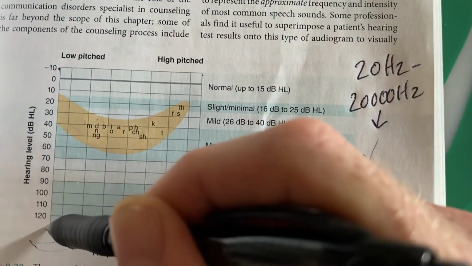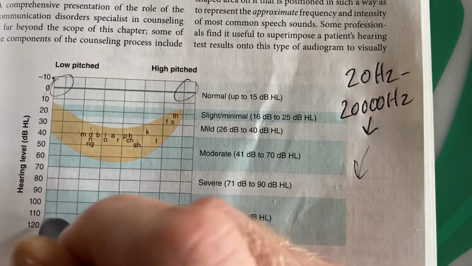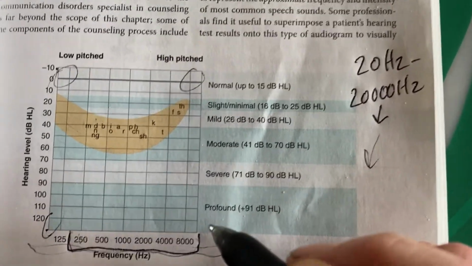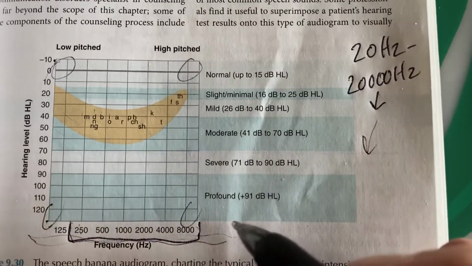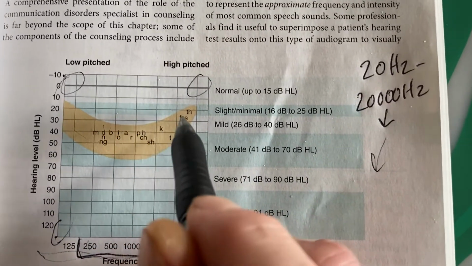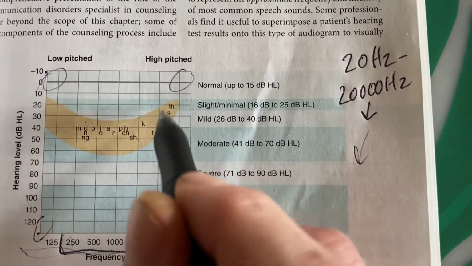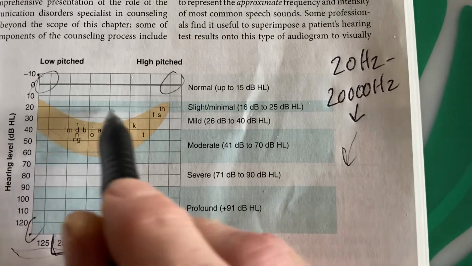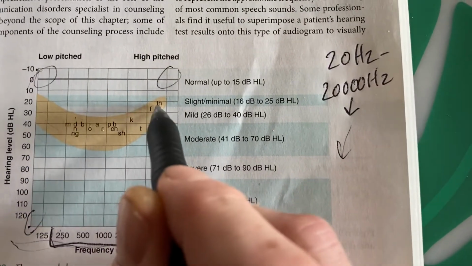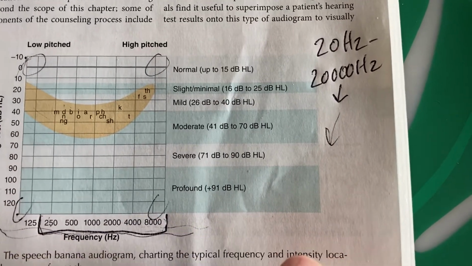Low-pitched soft sound here, high-pitched soft sound there. Low-pitched loud sounds are there, high-pitched loud sounds are there. Some phonemes, such as f, s, and th, not only require decibel levels that are lower because they're softer sounds, but they're also higher frequency sounds.